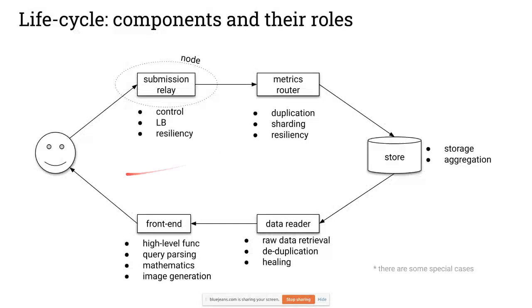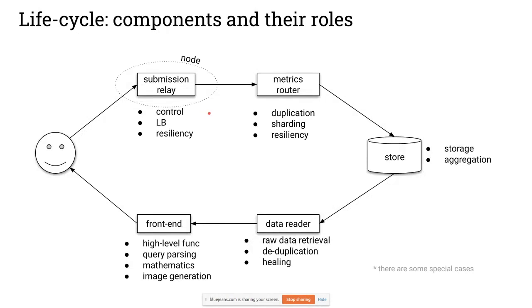All these data points come from the users and they start coming in here, and they come from submission relays. These relays run on nodes. These can be hardware nodes, so servers, and can also be nodes as containers in Kubernetes or virtual machines. The submission relays run locally, and they perform the role of control over what gets in.